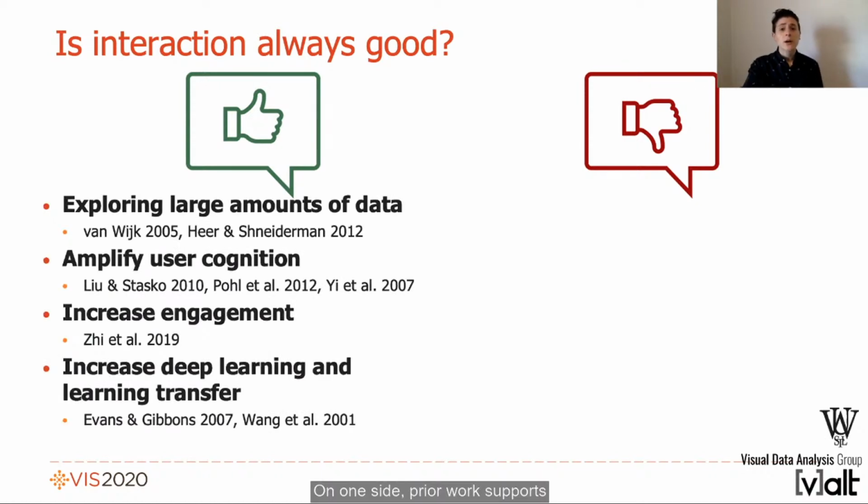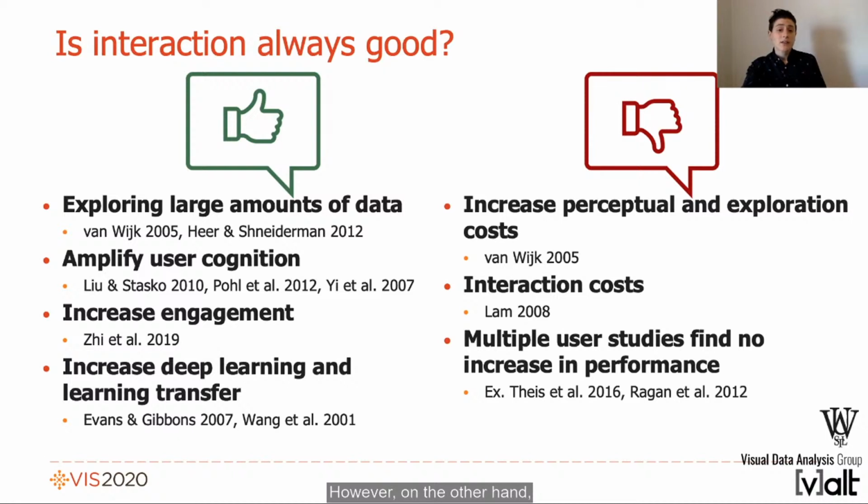On one side, prior work supports interaction as a useful addition to visualization, for example, when it comes to exploring large amounts of data or for amplifying user cognition. However, on the other hand, some prior work expresses that interaction should be used with caution, and designers should really weigh potential benefits of interaction against potential costs.